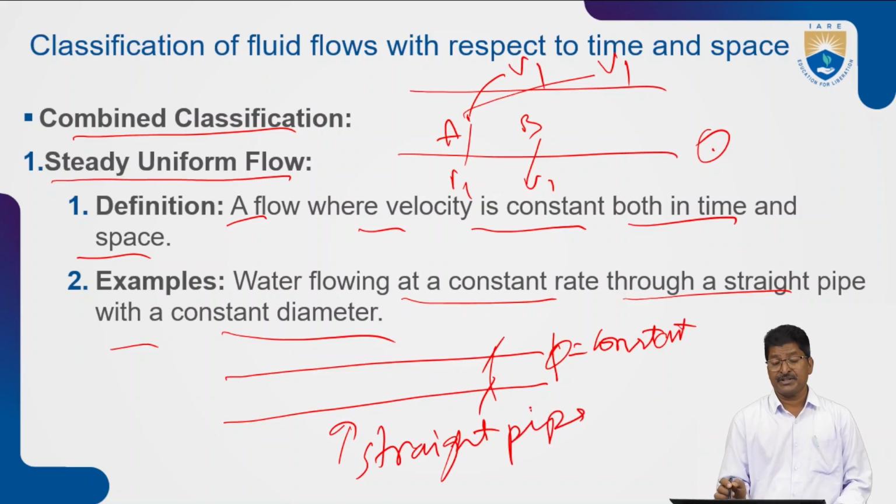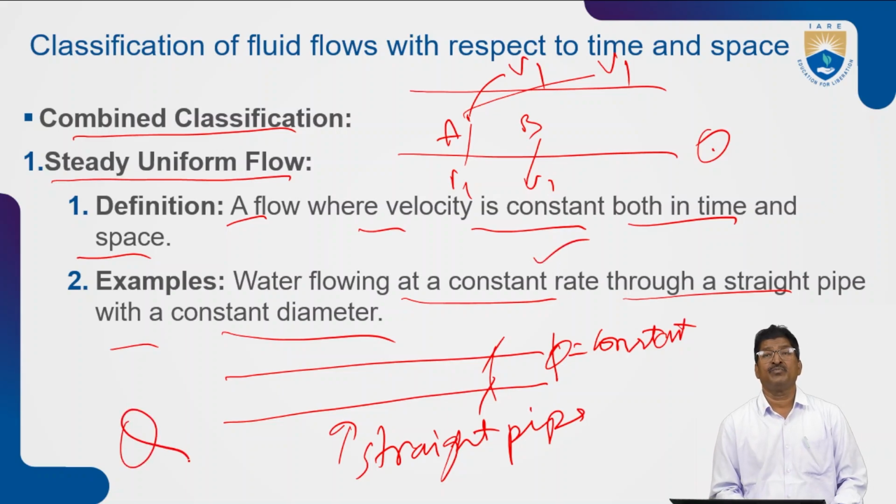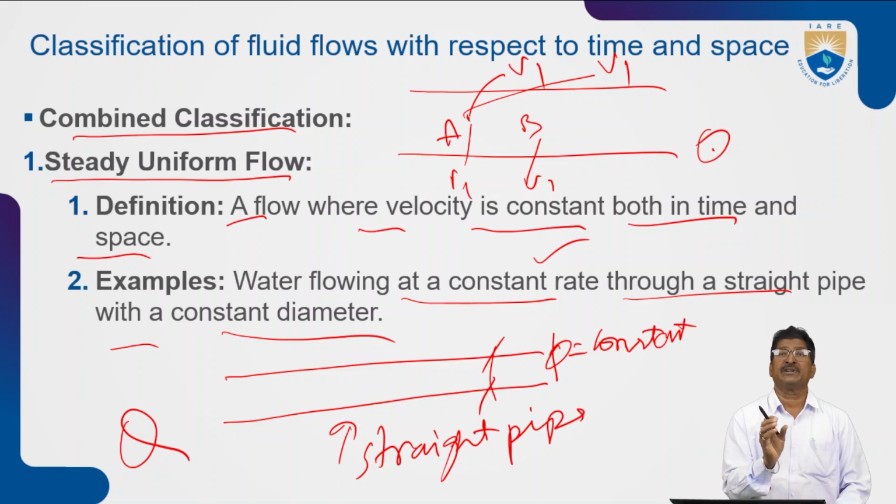Constant diameter and straight pipe. Constant rate means discharge: the same quantity of water per second is passing through. If these are there, then that is the example for the steady uniform flow.